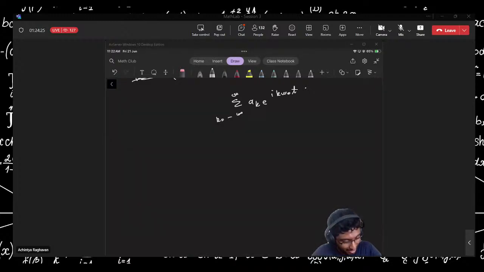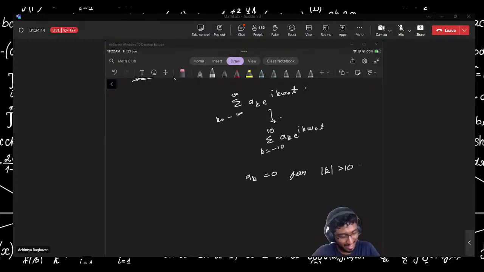If I wanted to define it for k going from, let's say, minus 10 to 10, this already encompasses that, because I can just say a_k is equal to 0 for mod k greater than 10. Then you'll see these two are equal. So what you're asking is actually a special case of this main equation. So yes, you can.